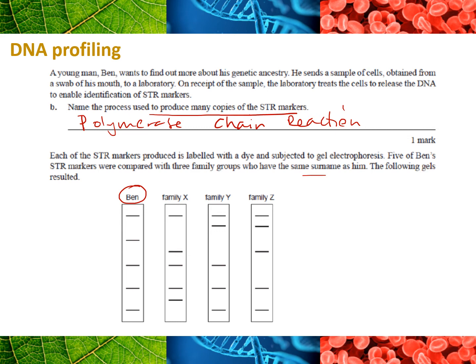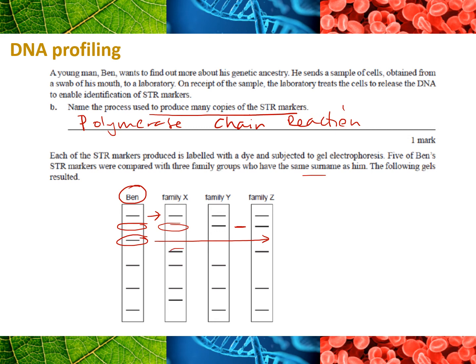If you start at the top, that top section of DNA is actually a match with all of the families. Then in the middle here, family Y and Z have DNA lengths that aren't seen in family X or in Ben, the person that's being tested. Then Ben has an allele here that doesn't have a match with any of those families. So that's a unique allele to him or to his family.